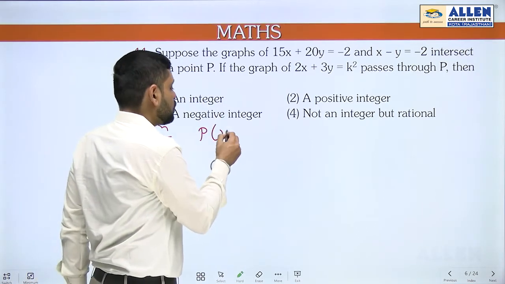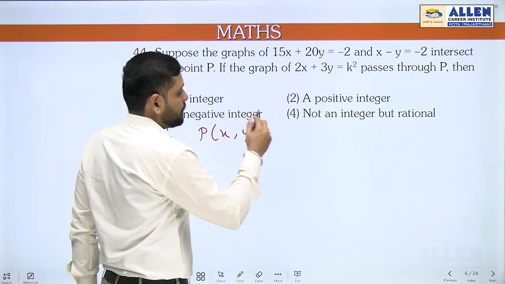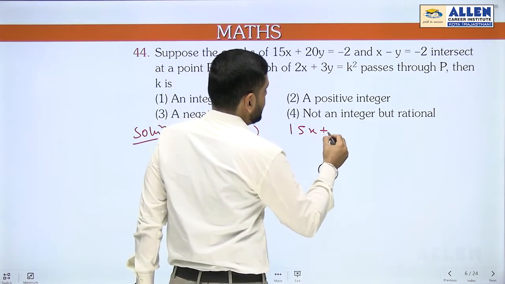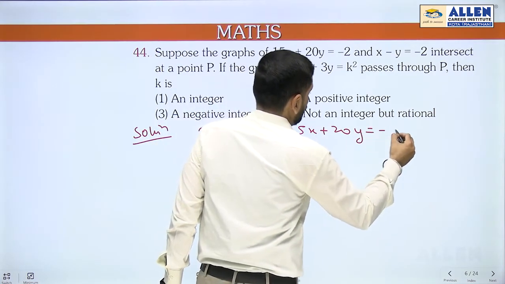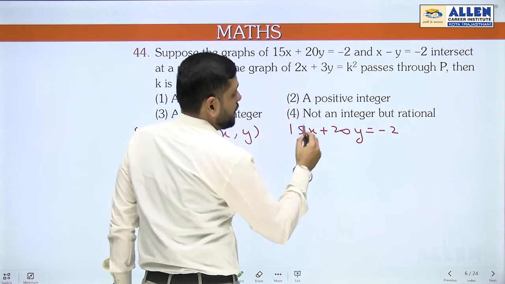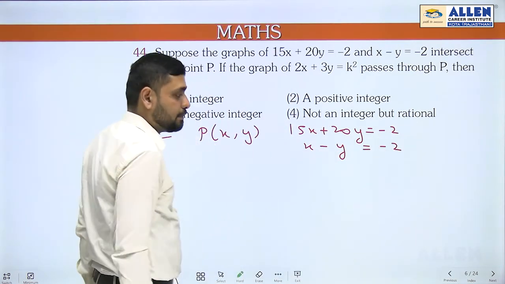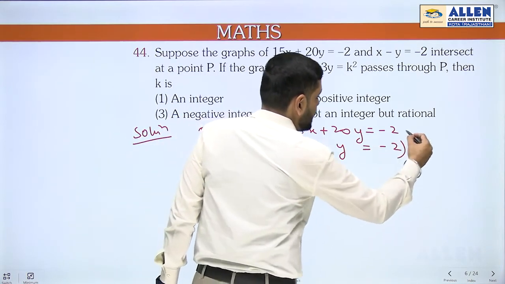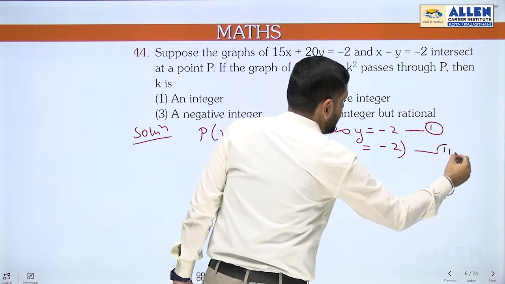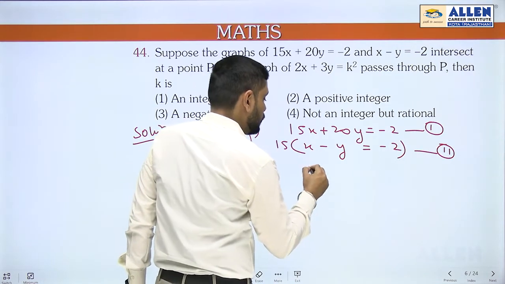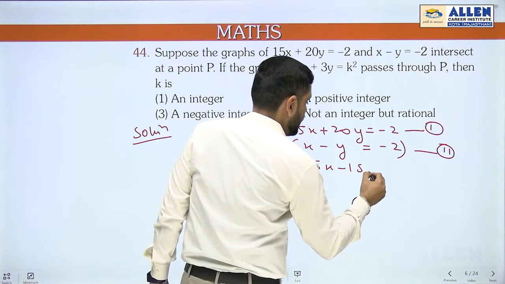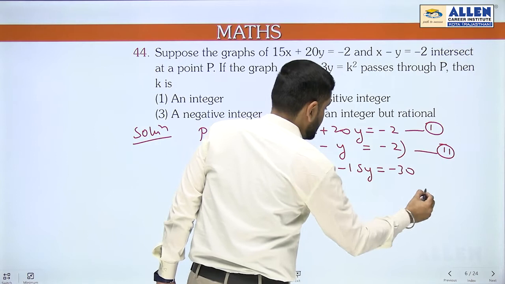Let's take the coordinates of point P as x and y, and the equations are 15x plus 20y equal to minus 2 and x minus y equal to minus 2. Now we'll simplify it, and for simplification let's multiply the second equation by 15. So what we'll get? 15x minus 15y equal to minus 30.